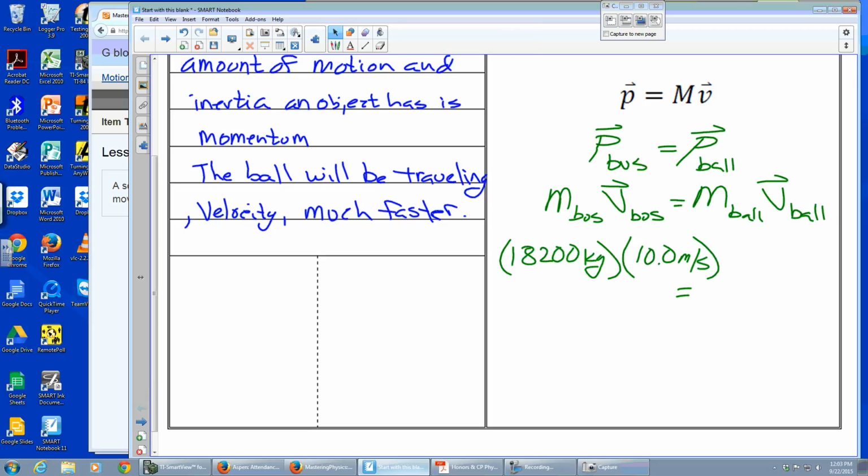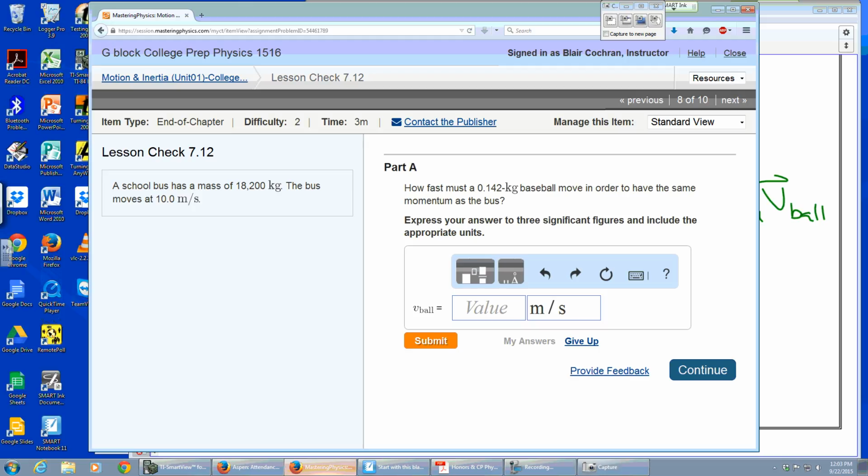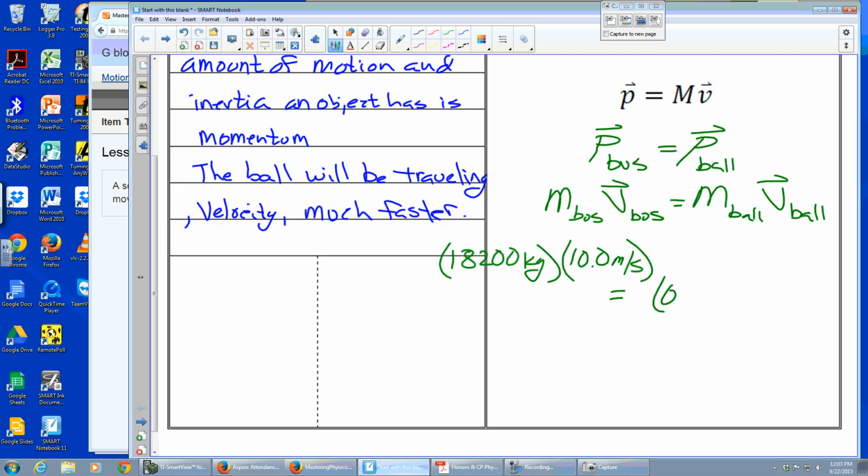And I've run out of room, so I'm going to take these two and move them over so I can have more room. And that equals the inertia of the ball, 0.142 kilograms, times the velocity of the ball, which is what I don't know. Kind of good to have one thing I don't know in an equation, right?